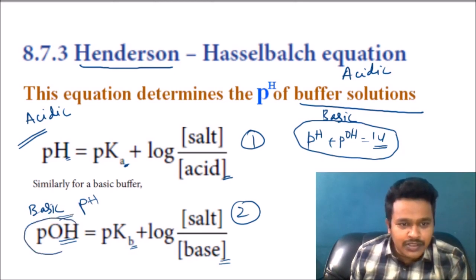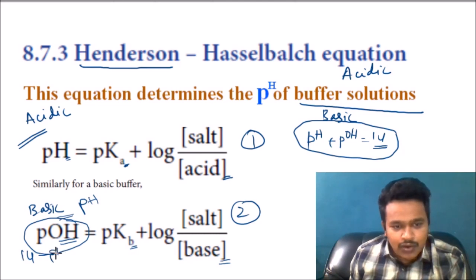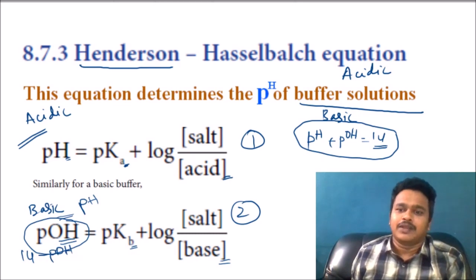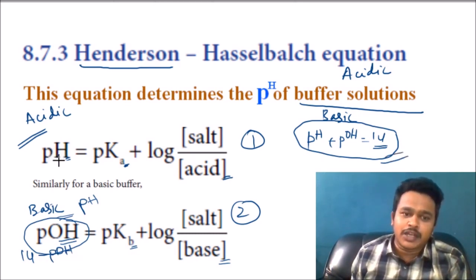This pOH is there, so we subtract it from 14. 14 minus pOH gives the pH by using this relation. So the basic formulas are pH for the acidic buffer and pOH for the basic buffer.